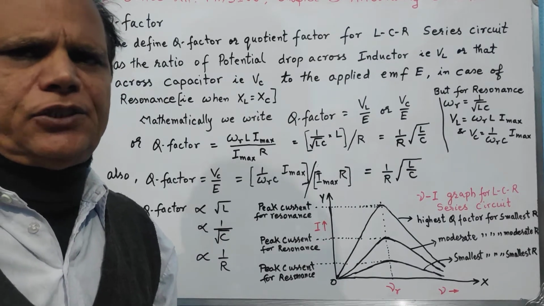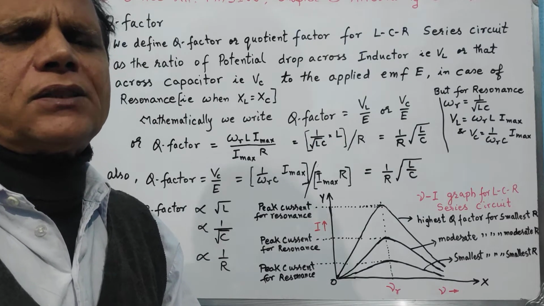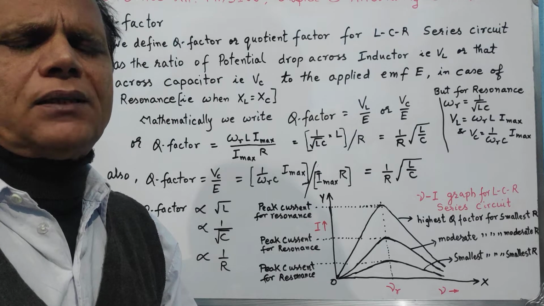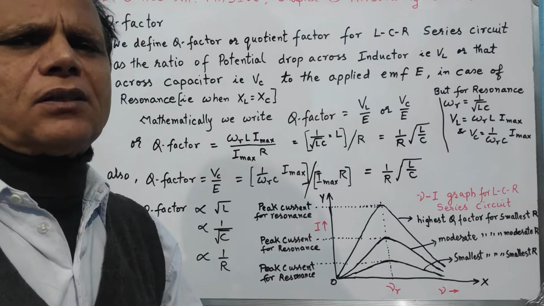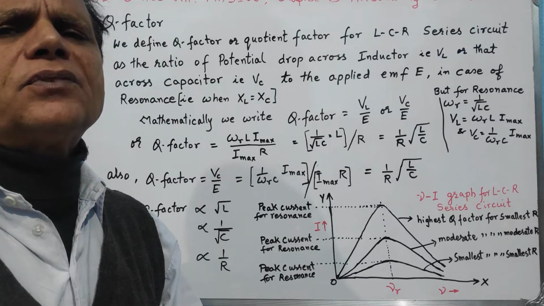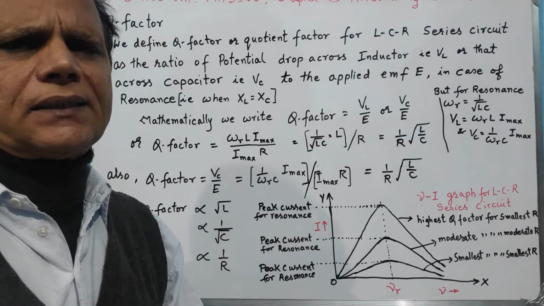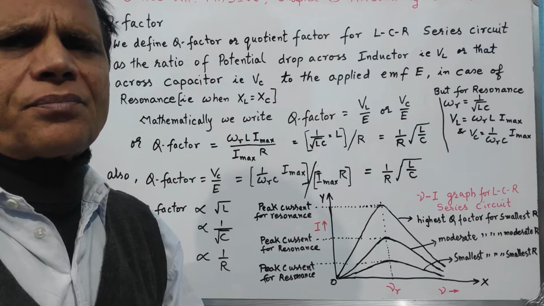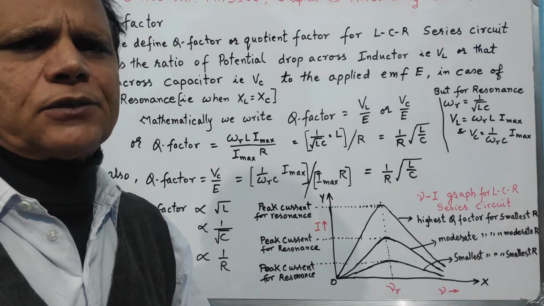It is just a ratio of the potential drop across the inductance coil or the potential drop across the capacitor to the applied EMF in an LCR circuit when the circuit is in the state of resonance.